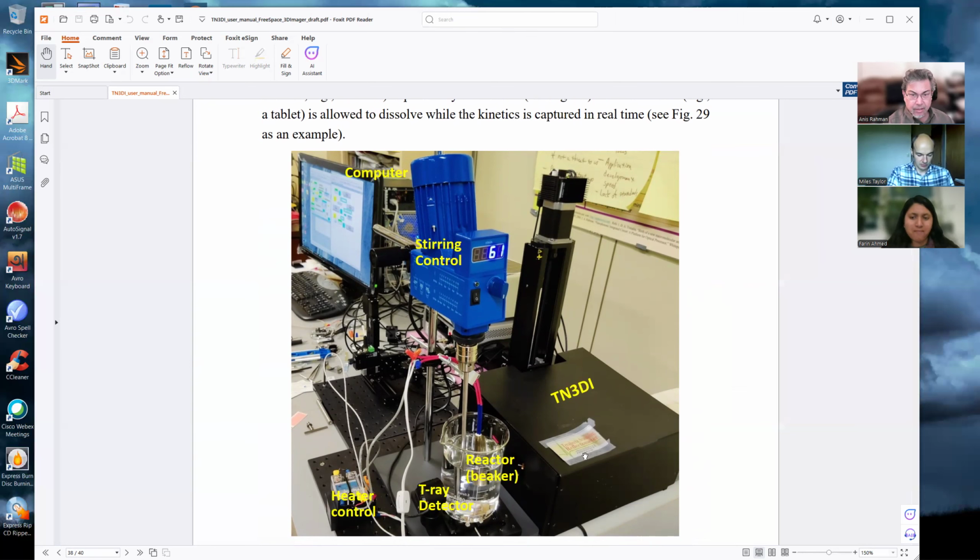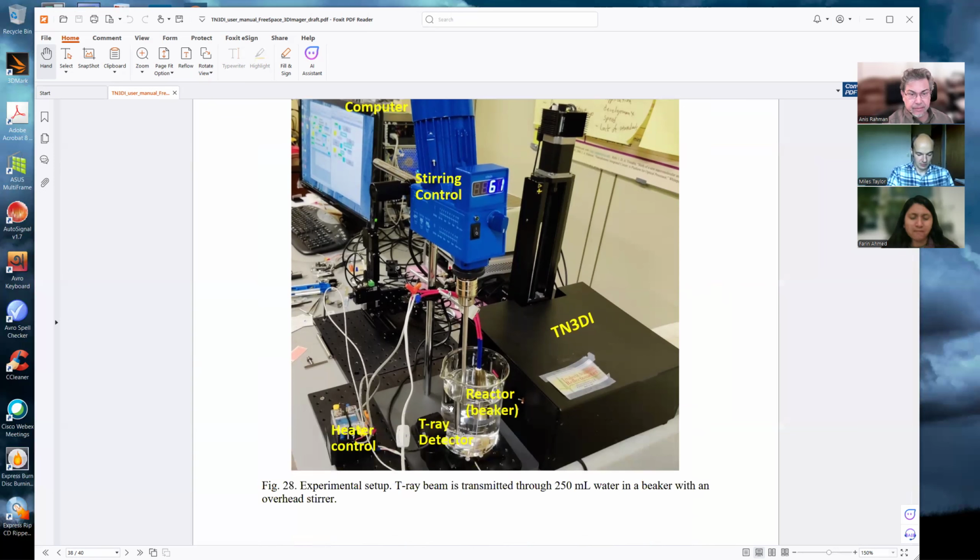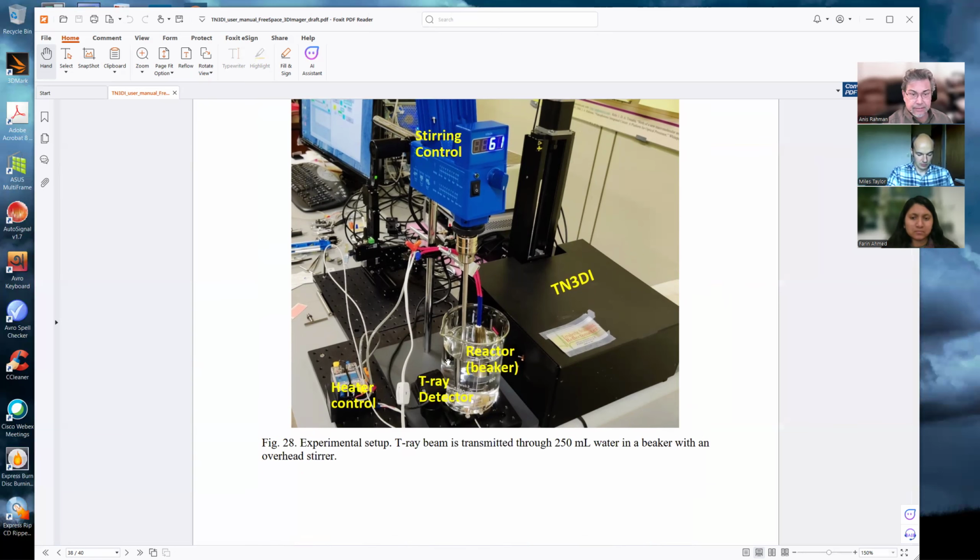As you can see, I have a beaker full of something, water probably, and the T-ray is going through the beaker into the detector. So imagine that energy is coming from this box, getting through that beaker full of solvent into the detector.